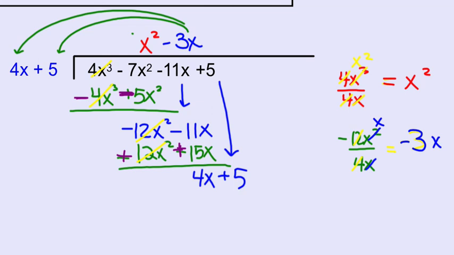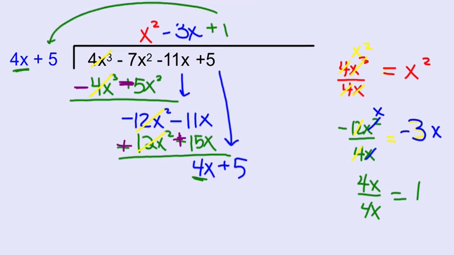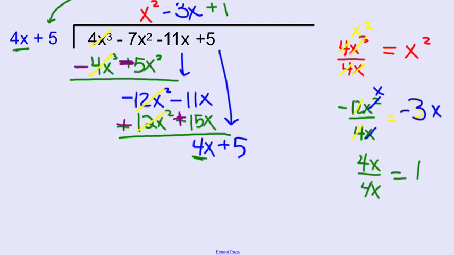All right, last one. How many times does 4x divide into 4x? 4x divided by 4x is 1. That's what's going to go up on top. Multiply it. 1 times 5 is 5. 1 times 4x is 4x.